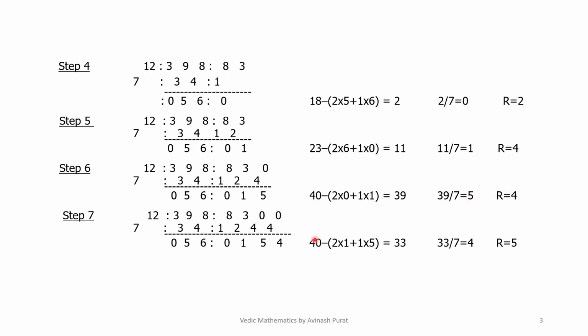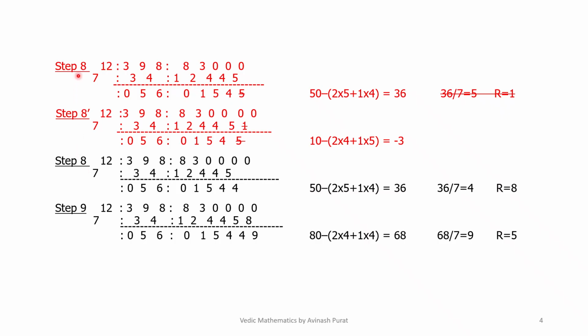Now step 7, 40 minus 2 into 1 plus 1 into 5, that is 2 plus 5, 7. 40 minus 7 is 33. 33 by 7 equals 4, and remainder is 5.